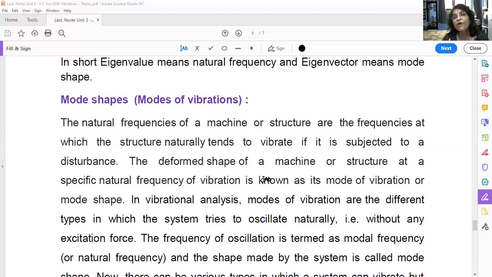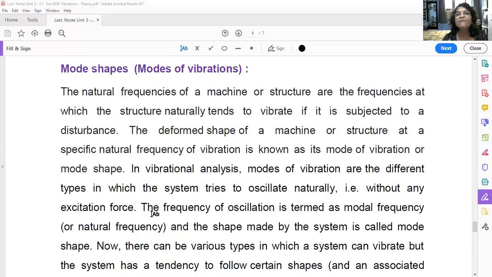So the deformed shape of a machine or structure at a specific natural frequency of vibration is known as its mode of vibration or mode shape. That means it is the deformation shape, how it is going to deform or move to and fro around the mean position.